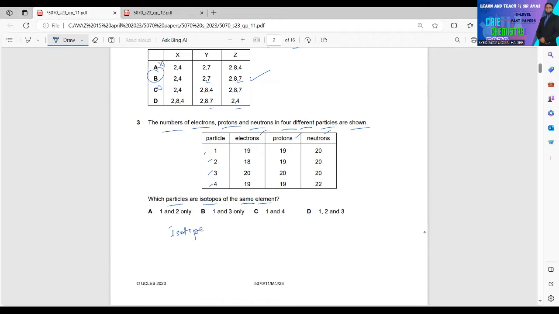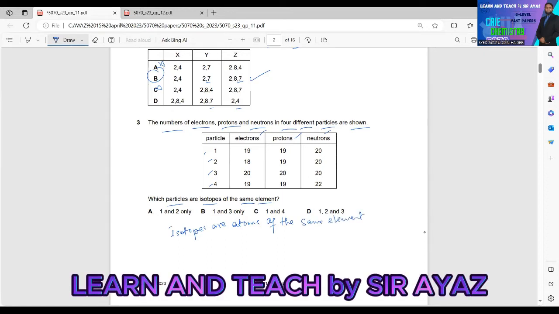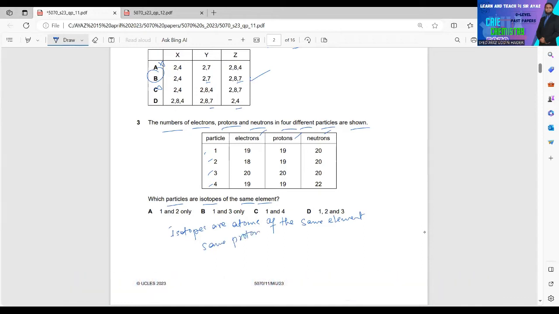Isotopes are atoms of the same element, same proton number, different number of neutrons or nucleon number.